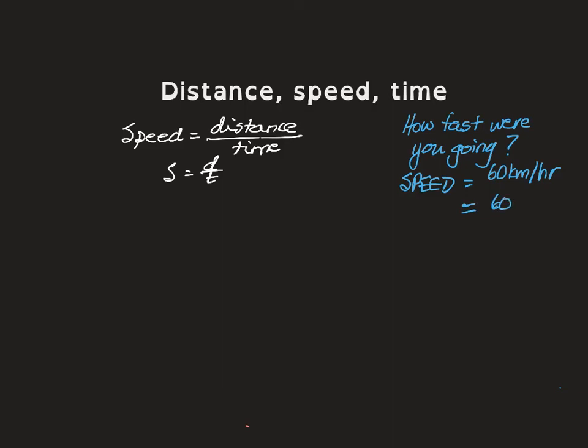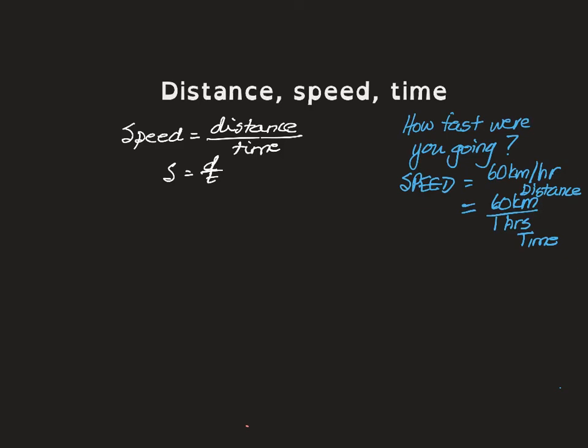That's 60 kilometers per, which means divide by, 1 hour. Kilometers measures distance, and hours measures time. So the way we talk tells us that speed is distance divided by time.